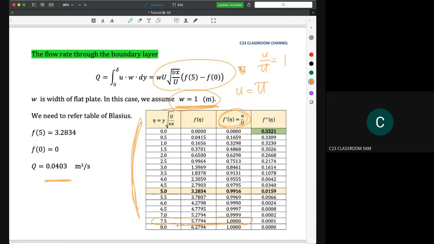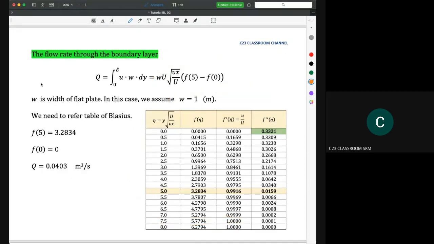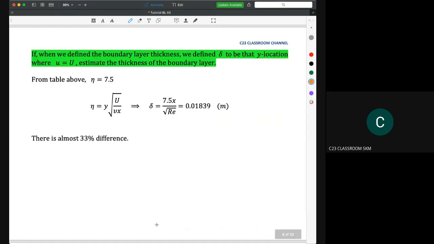From this table, if we take u equal to capital U, we need to take the value of eta equal to 7.5. So now our calculation needs to be based on the value 7.5.